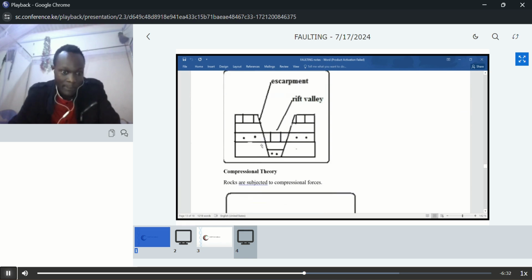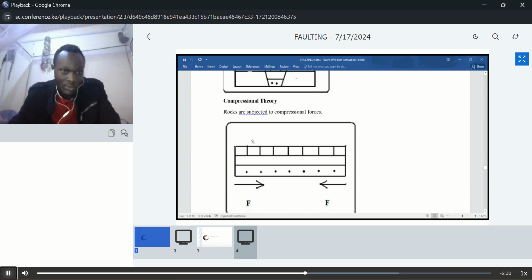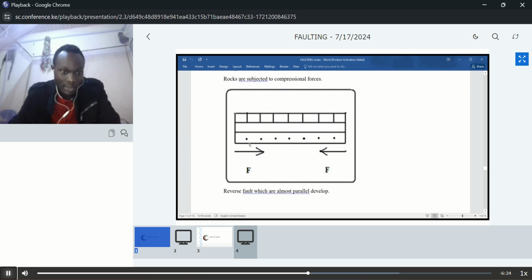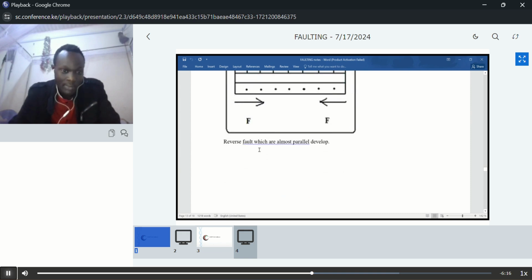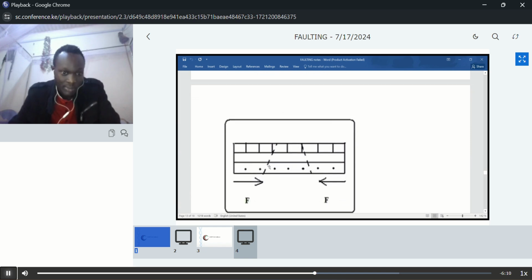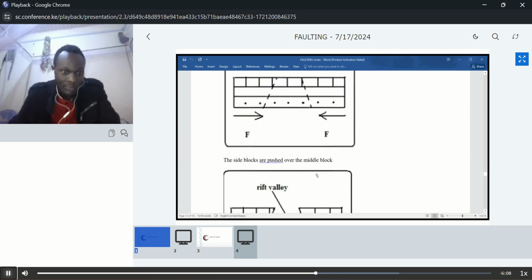And this region is the escarpment. You have the compressional theory. Rocks are subjected to compressional forces. The force is going this side and this side, and reverse faults which are almost parallel develop. Here is the reverse fault, and a reverse fault develops here.